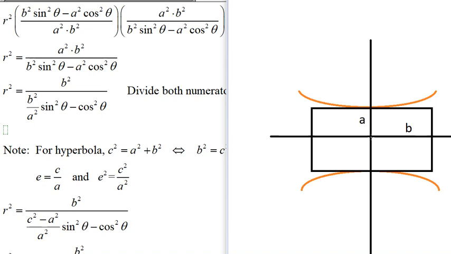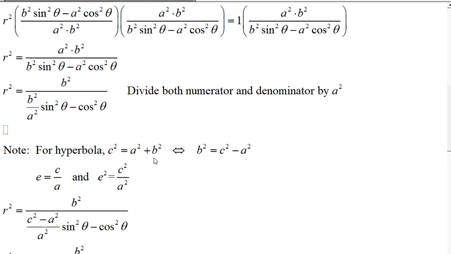The distance from the center to the vertex is a. The distance from the center to the focus is c. And so we get b squared is equal to c squared minus a squared.